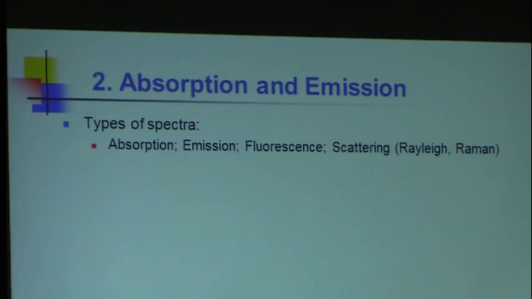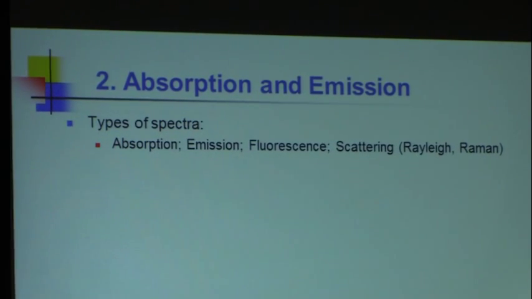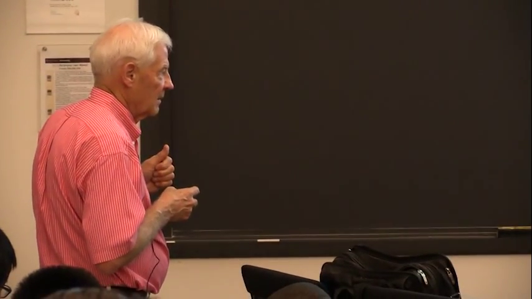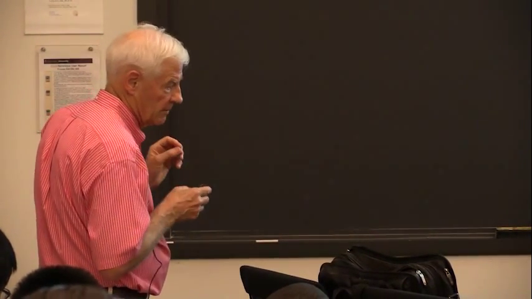Okay, so we're going to talk about absorption and emission. In a diagnostics lecture you will hear people talk about Raman spectroscopy, Rayleigh spectroscopy, CARS spectroscopy, laser-induced fluorescence. You hear a lot of terms.